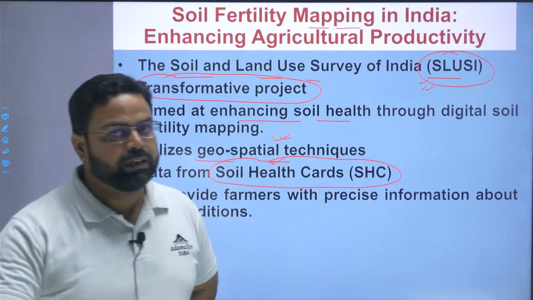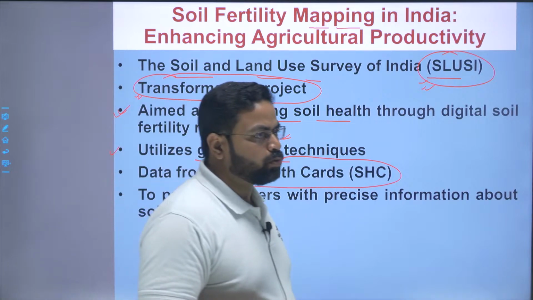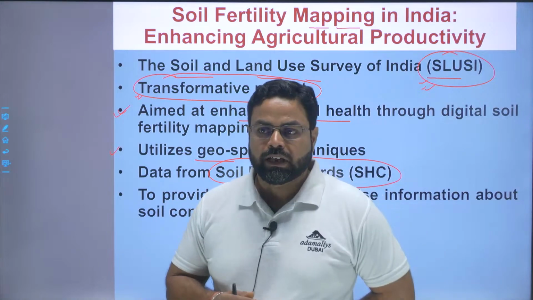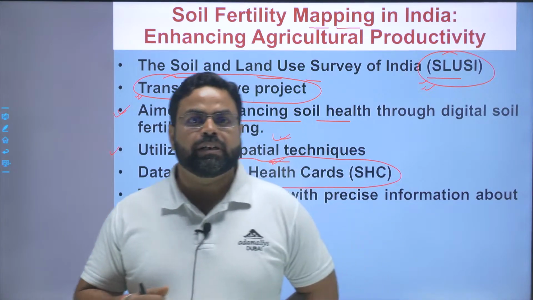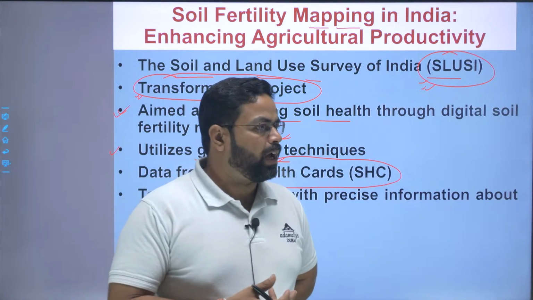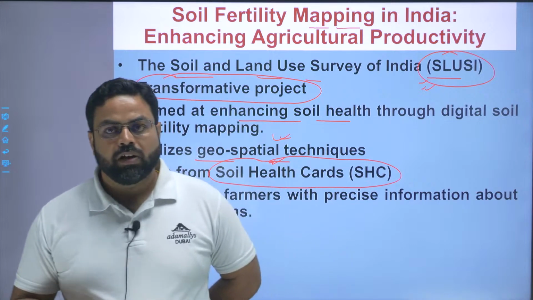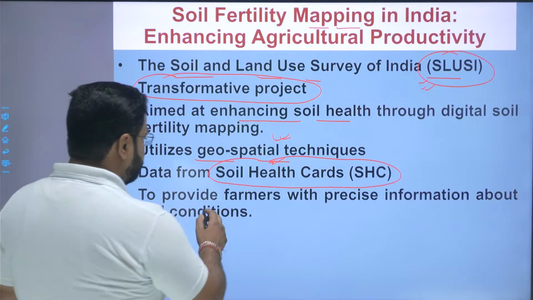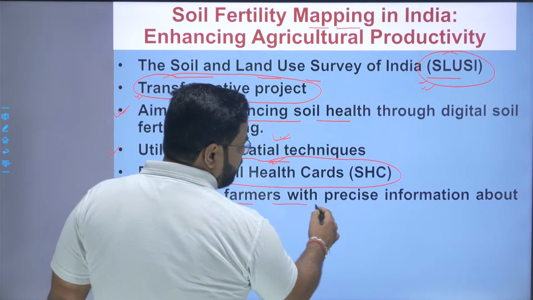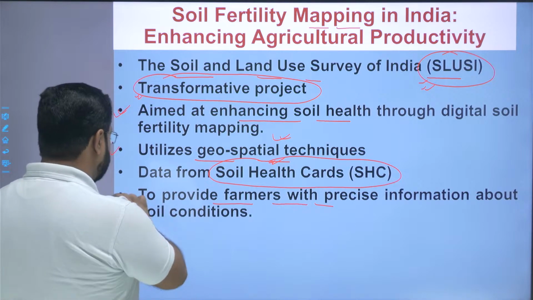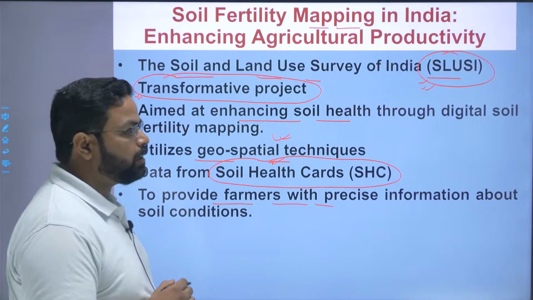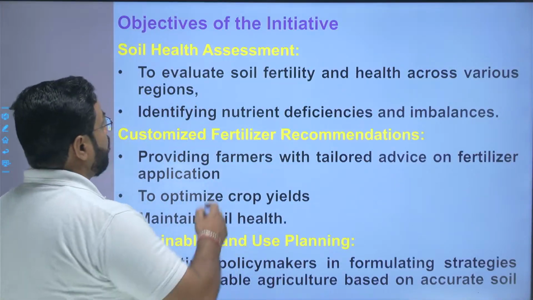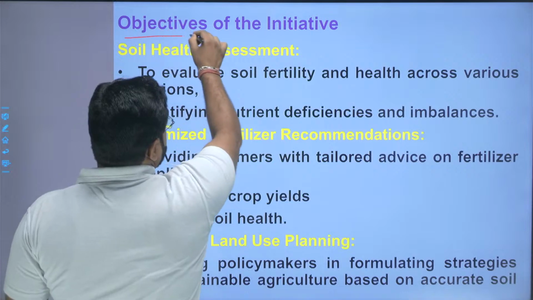So already more than 22 crore soil health cards have been issued to the farmers, and this database will be very helpful to prepare the map of the soil of different regions of India. And this will be helpful to provide the farmers with precise information about the soil condition of their field, right?